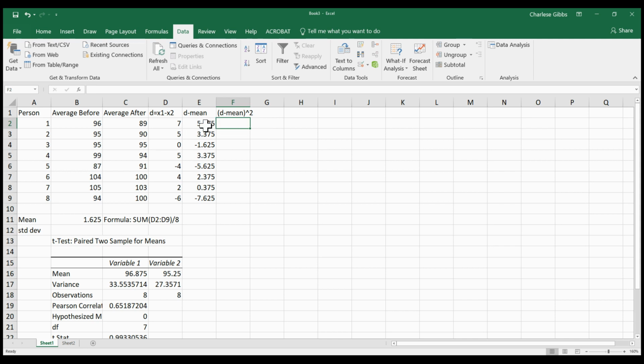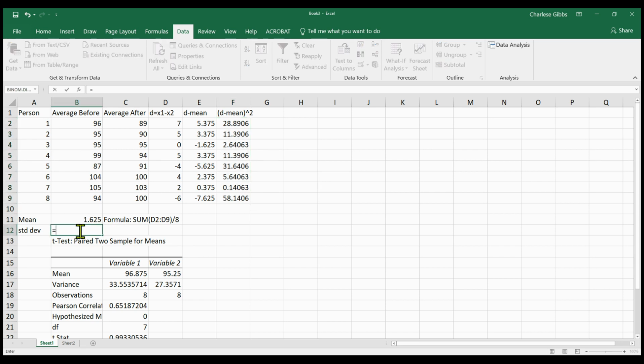So just to square this column, so this is equal, square the column. So this is just the E2 squared. Bring this down. Now I'm going to come back and do my square root of the sum of d minus d bar squared divided by n minus 1.